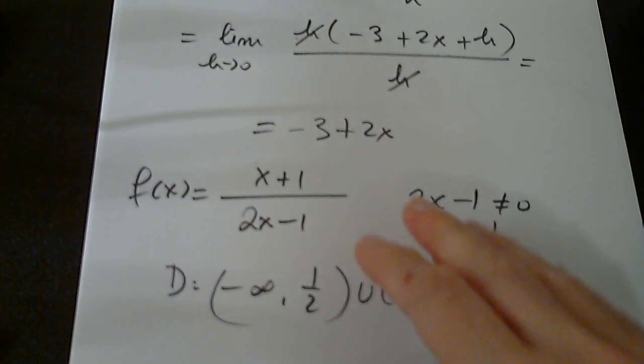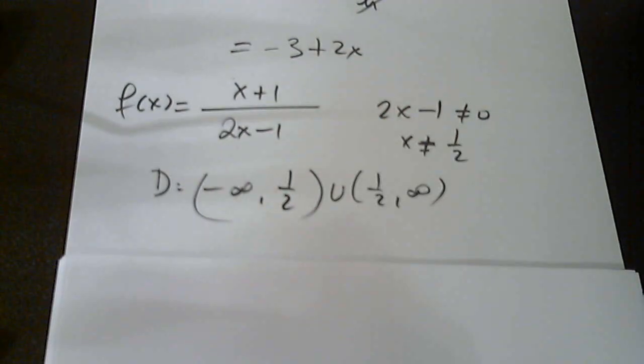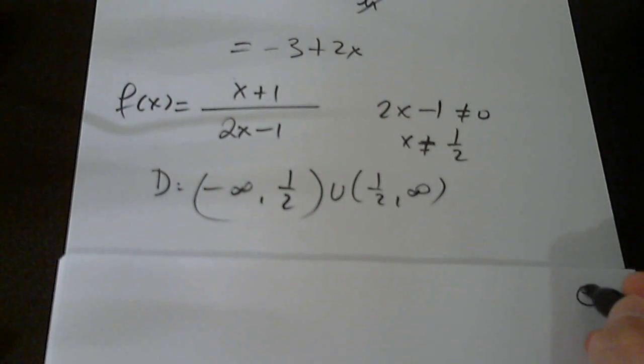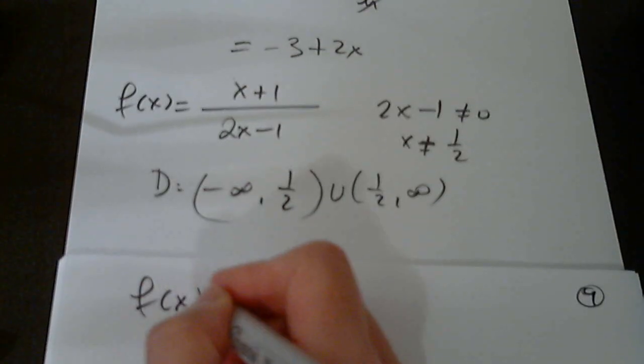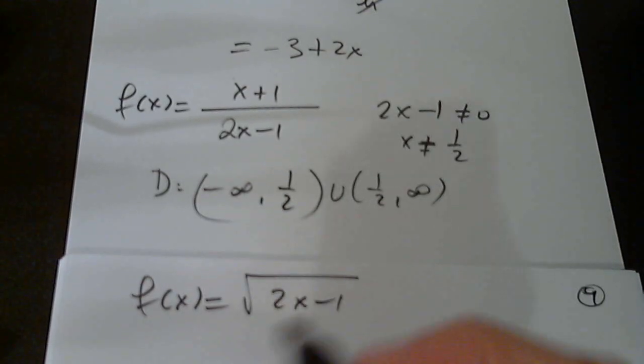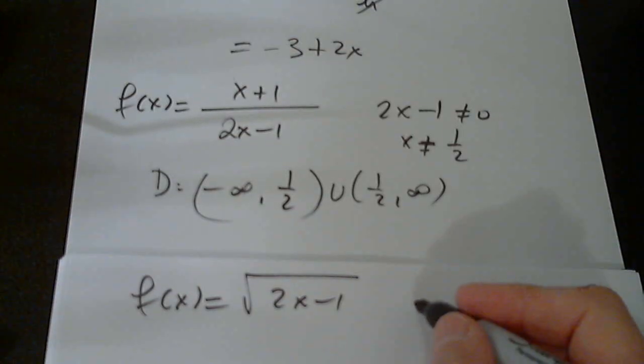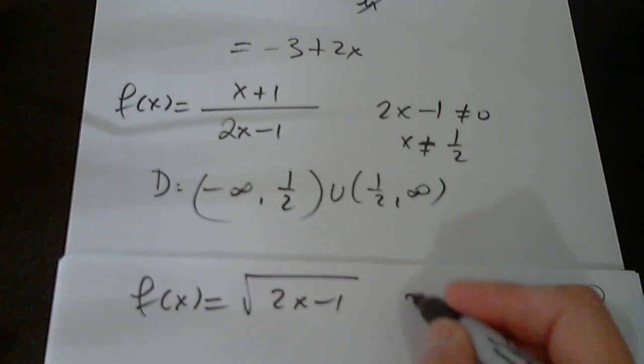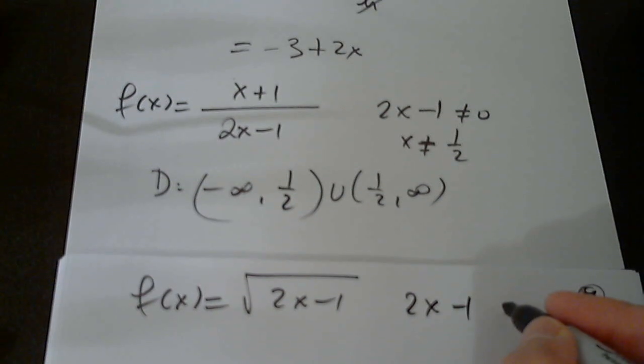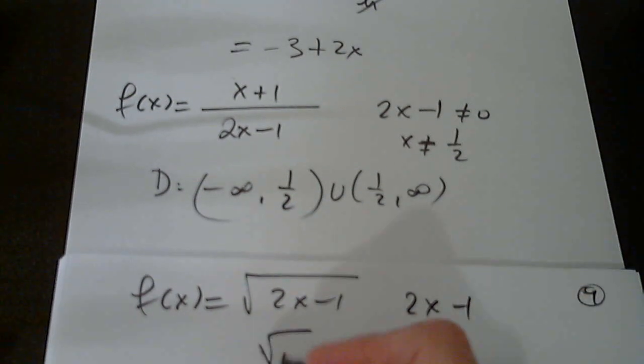Okay. What if we have a square root function? Let's say we have f of x equals the square root of 2x minus 1. What would you write in this case? 2x minus 1 can equal 0. The square root of 0 is 0.